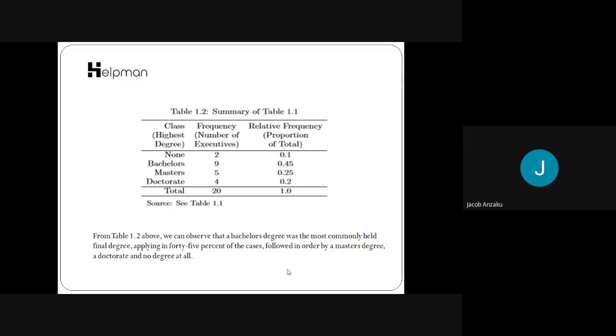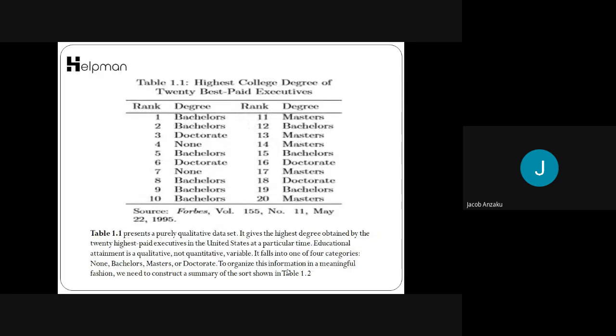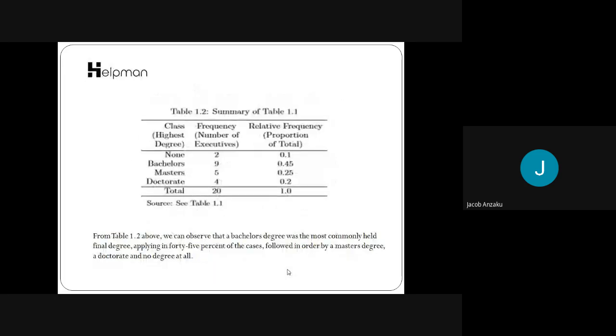You see, we have the class, the highest degree, the frequency, the number of executives, and the relative frequency, which is the proportion of the total. In table 1.1 the data was much, but here in table 1.2 we have summarized the data in a particular way.